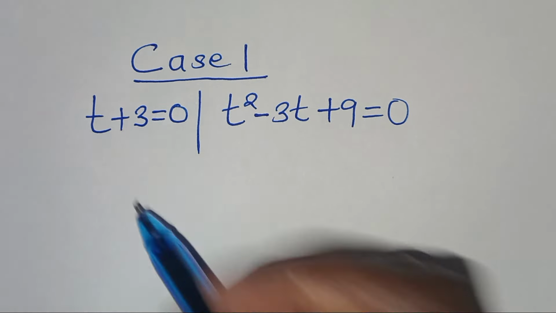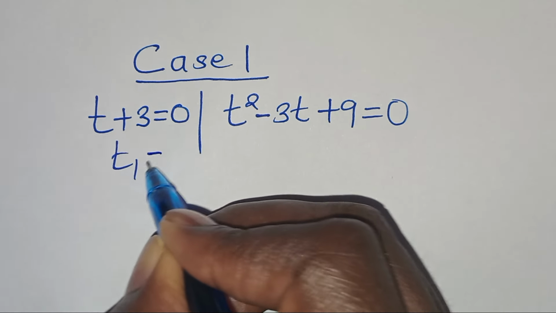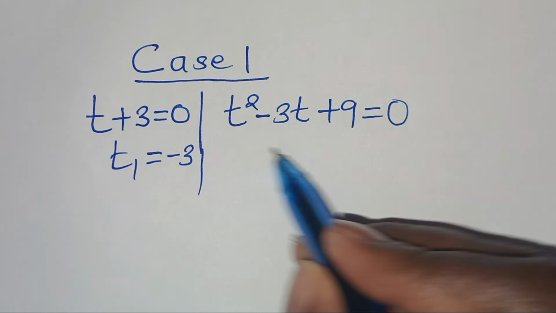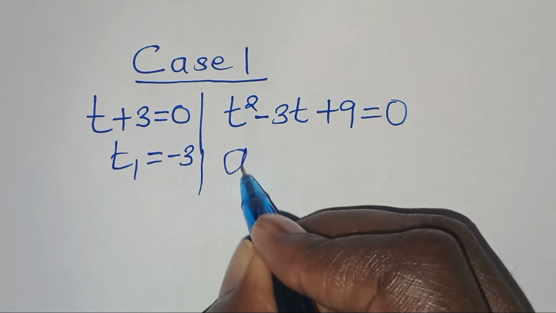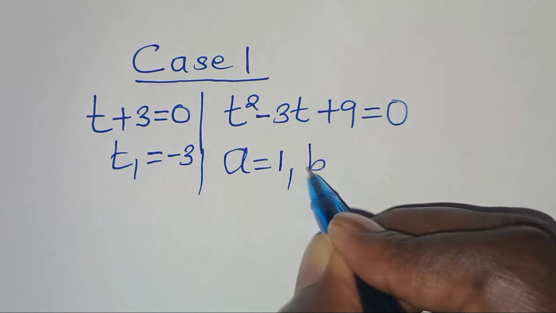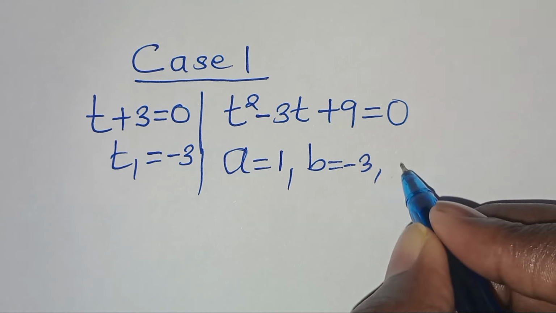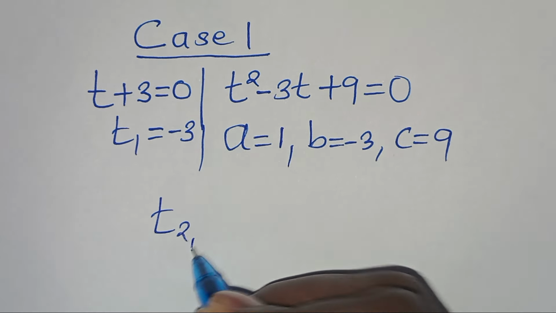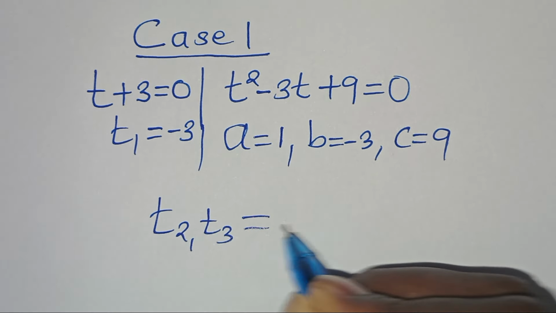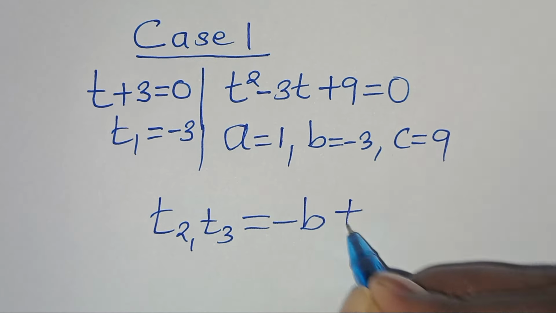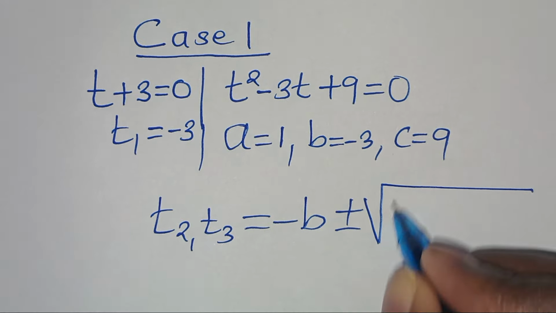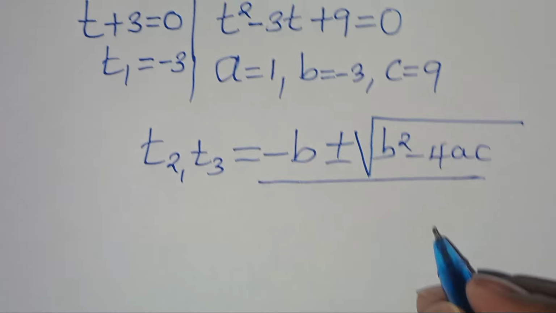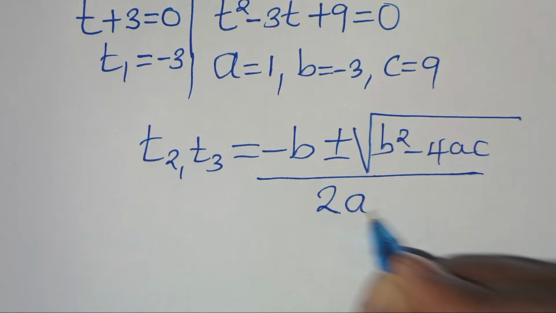Now from the first part here, we have t1 is equal to minus 3. Now the second part here is a quadratic equation where we have a is equal to 1, b is equal to minus 3, and c is equal to 9. So we can solve for t2, t3 by applying the quadratic formula here, which is minus b plus or minus the square root of b squared minus 4ac, everything here divided by 2 multiplied by a.